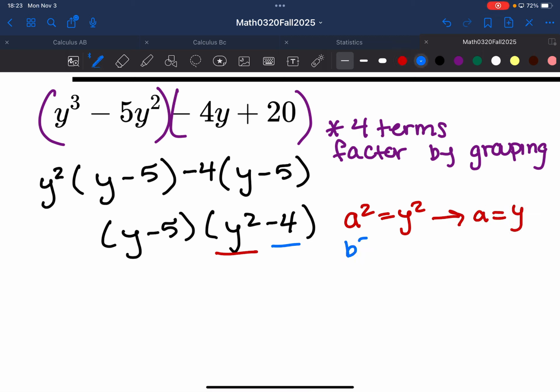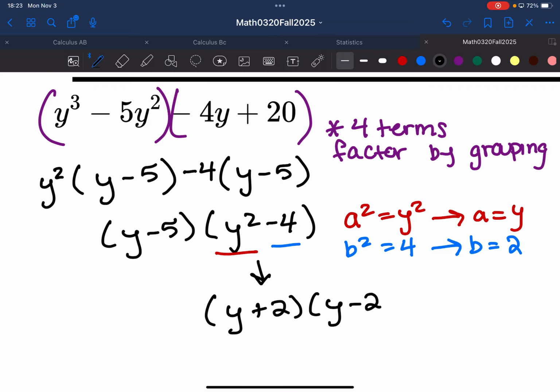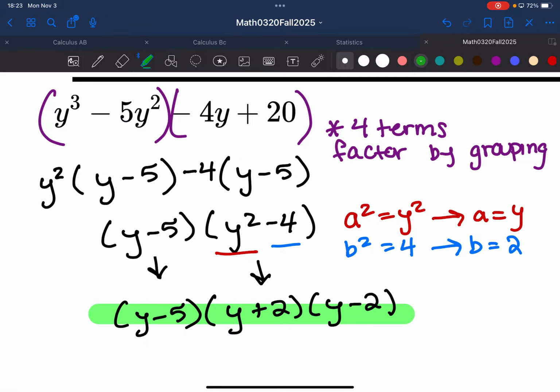And then b squared is equal to 4, which means b is equal to 2 because we take the square root of each of them. So that means this parenthesis turns into y plus 2 times y minus 2. And what happens to that first parenthesis? We bring it down. So we have y minus 5 in the beginning, and this whole thing is our answer.